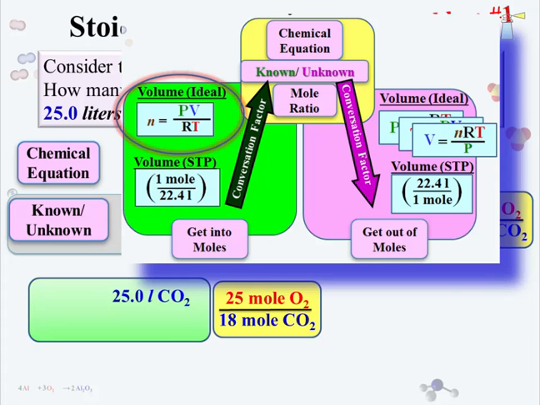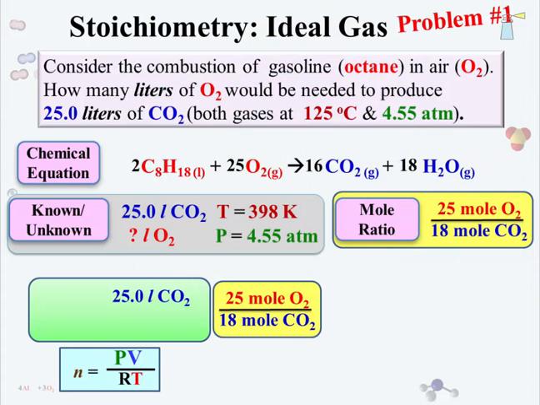To use the ideal gas law, 3 of the 4 gas properties have to be known. The getting into moles part of this solution will use the modified gas law equation. If we multiply P times V and divide by R and T, we will have a mole value that can be placed in front of the mole ratio, just like every other stoichiometry problem.